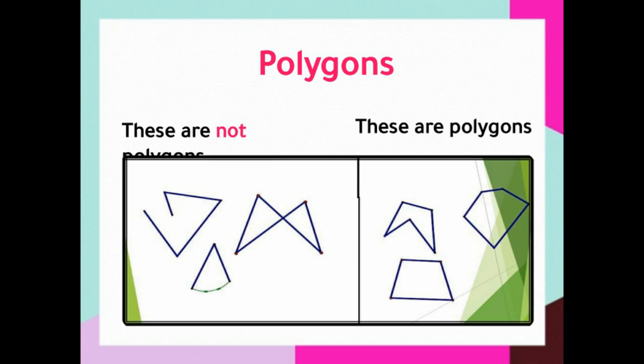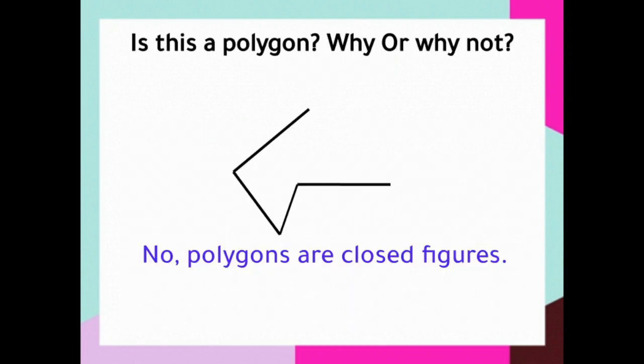Therefore, these 3 figures are not polygons. Now, coming to the second set of figures, how many figures are there? There are 3 figures. Look carefully, all these 3 figures are made up of line segments and also they are closed. Therefore, these 3 figures are polygons.